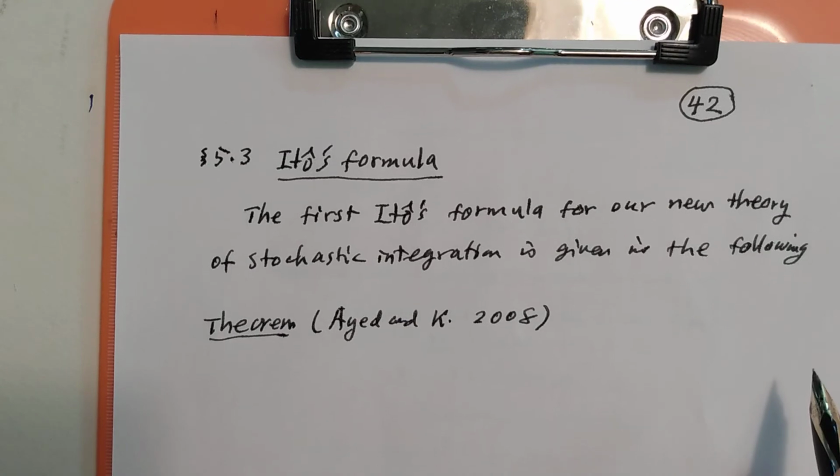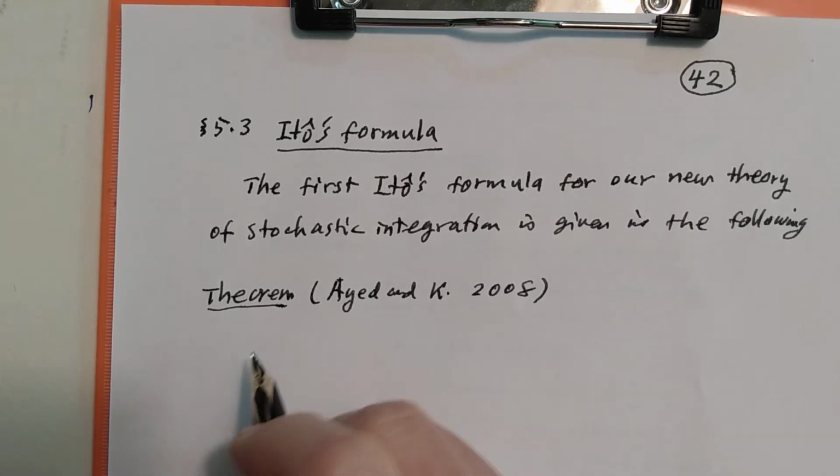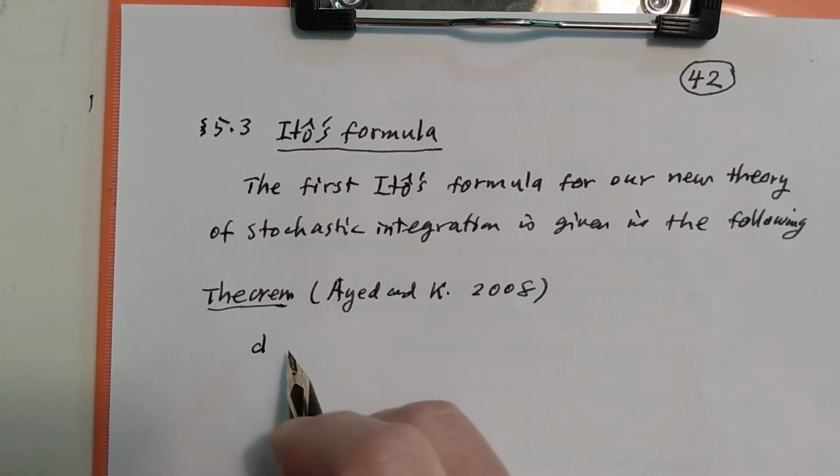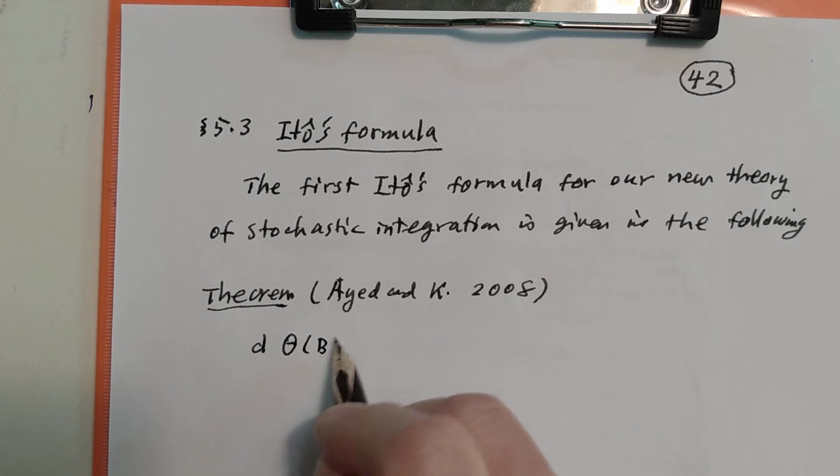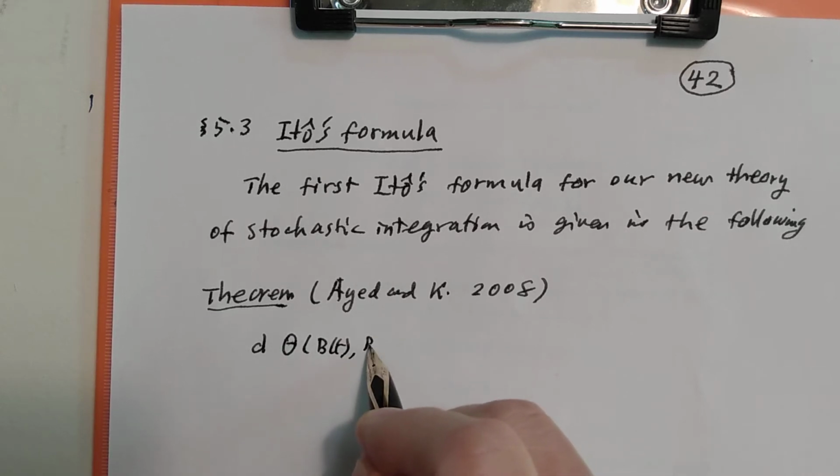This is a very special case of Ito formula, which says this in terms of the stochastic differential of a function theta of B_t, B_1.